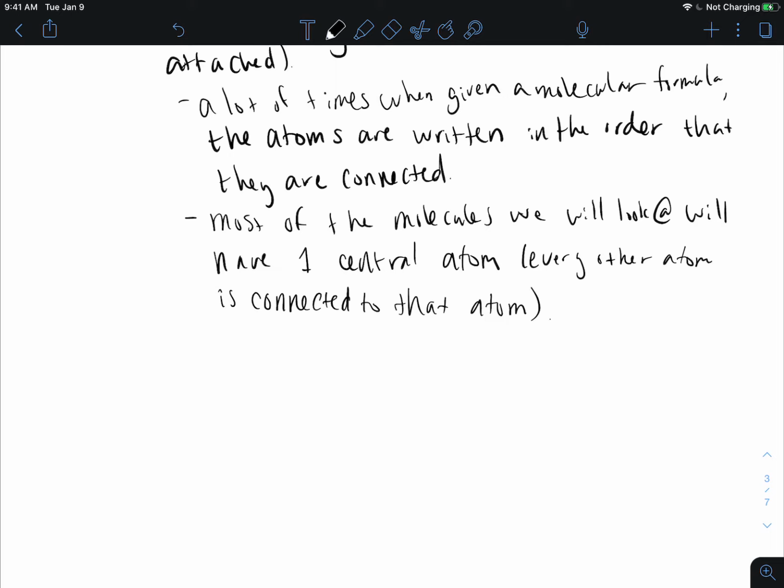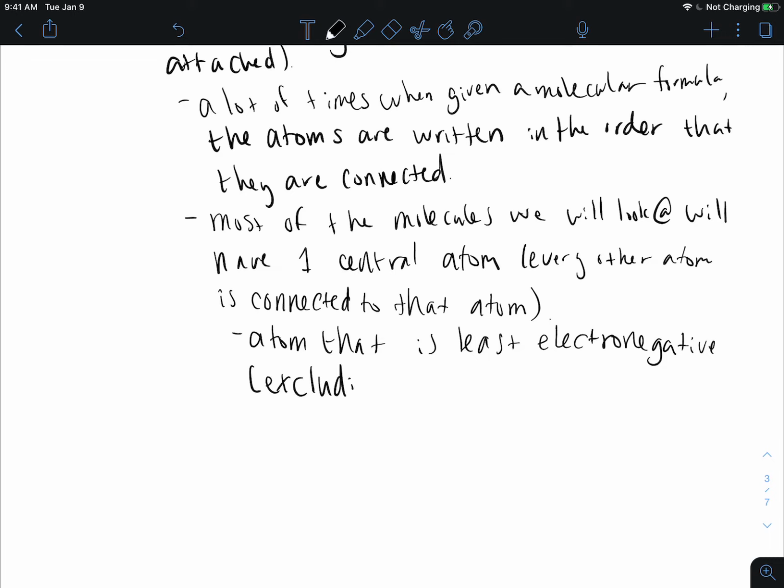The central atom is going to be the one that is least electronegative, with the exception of hydrogen. We exclude hydrogen because hydrogen is never a central atom.